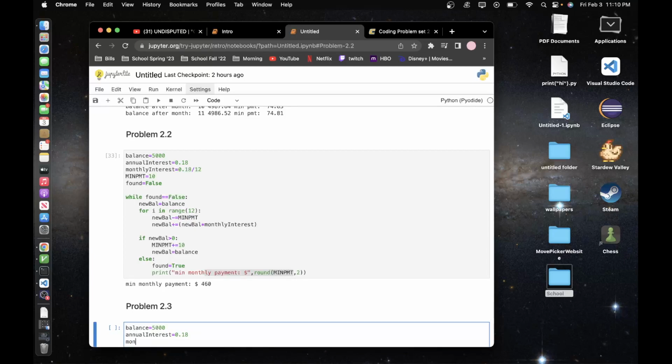Monthly interest rate, like all the other problems, equals 0.18 divided by 12.